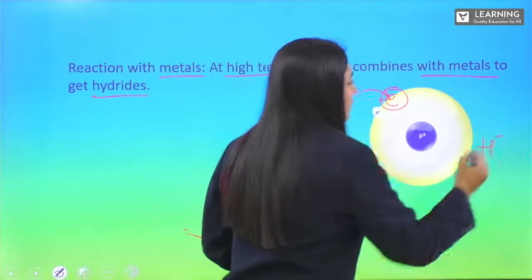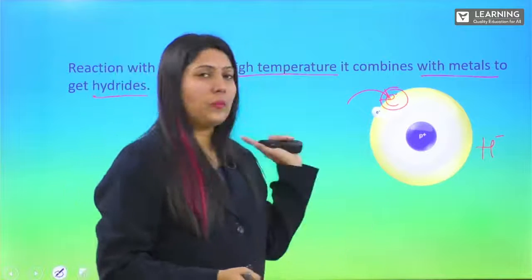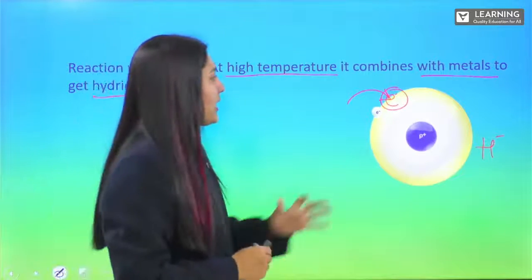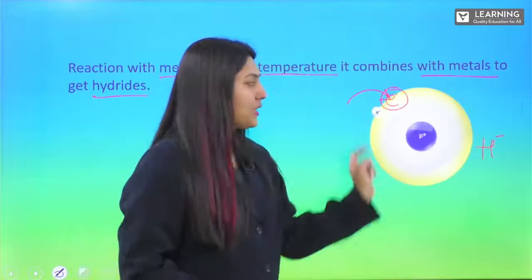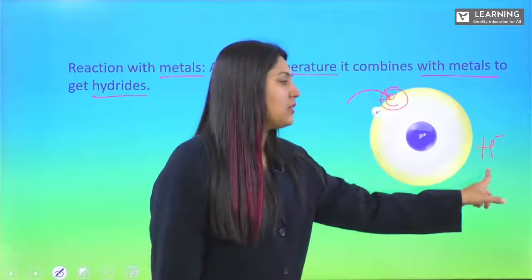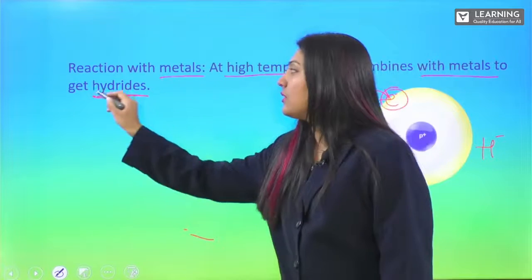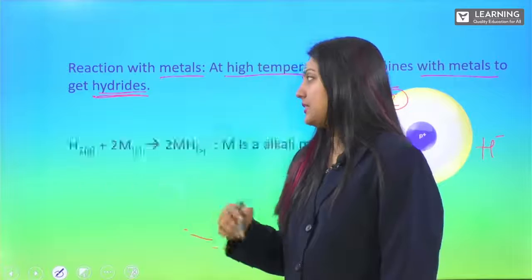That means hydride. When it reacts with non-metals, it can become H+, the proton, whereas when it reacts with metals, it gains an electron since it is more electronegative than metals, and it becomes hydride. So we call the compound which is formed hydrides.